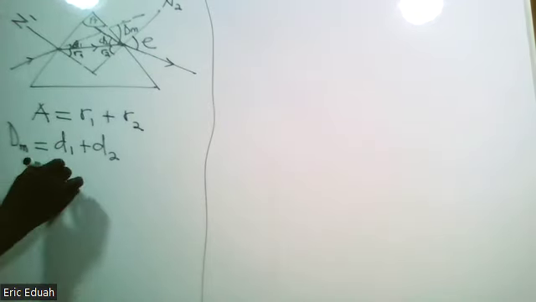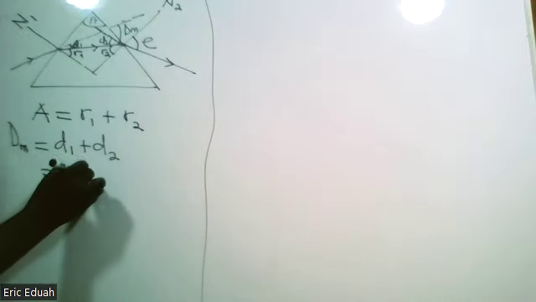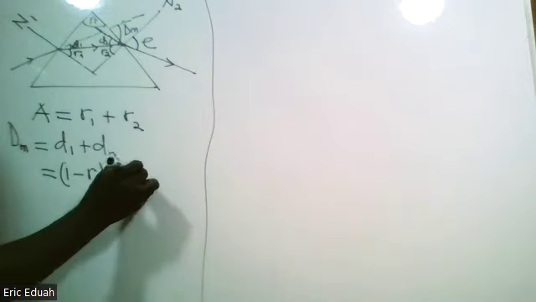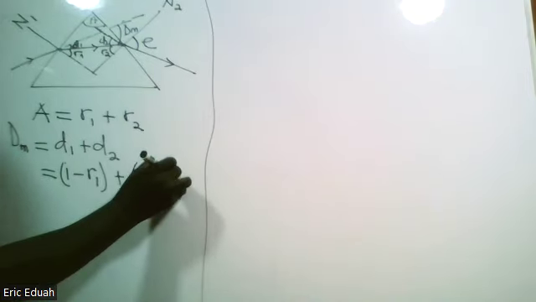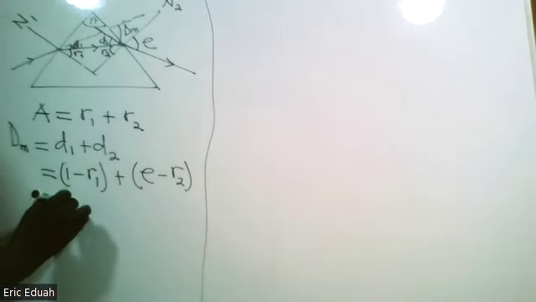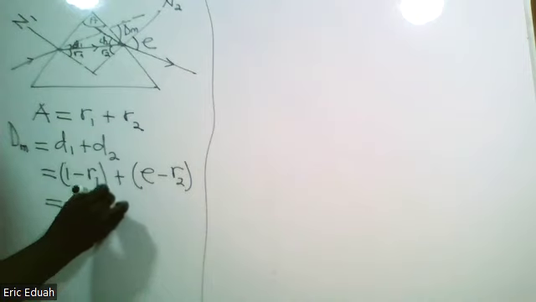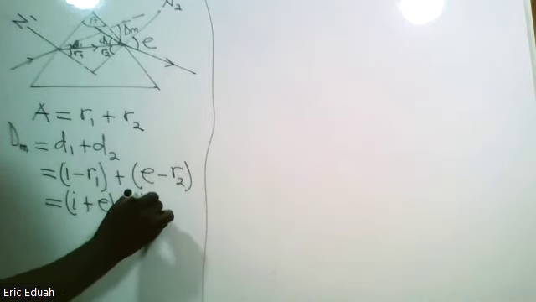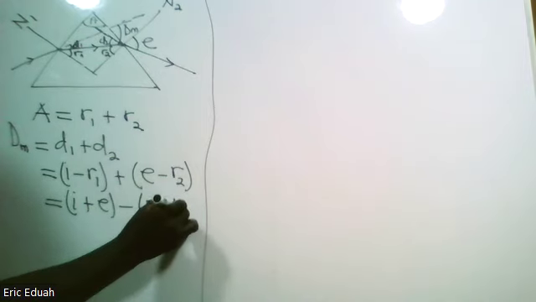D1 is I minus R1 plus D2 is E minus R2. This we joined to have I plus E minus R1 plus R2.